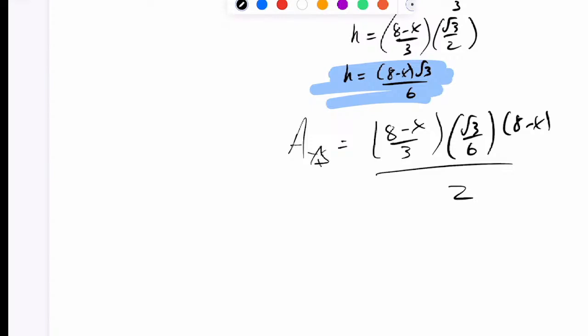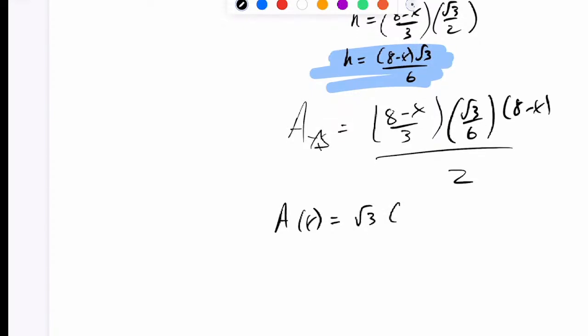Is this good? So therefore the area as a function of x is going to be, let's see, root 3 (8 minus x) squared over 36.